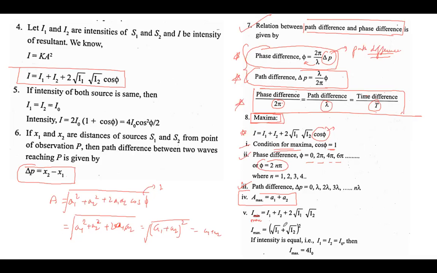So I maximum is equal to रूट अंडर I1 प्लस रूट अंडर I2 का whole स्क्वायर हो गया और इंटेंसिटी मैक्सिमम निकल गया. अगर यहाँ पे I1 I2 I0 के बराबर है तो यहाँ पे 2 रूट I0 का whole स्क्वायर 4 I0 हो जाएगा हमारा. सो मैक्सिमम इंटेंसिटी इज 4 I0.